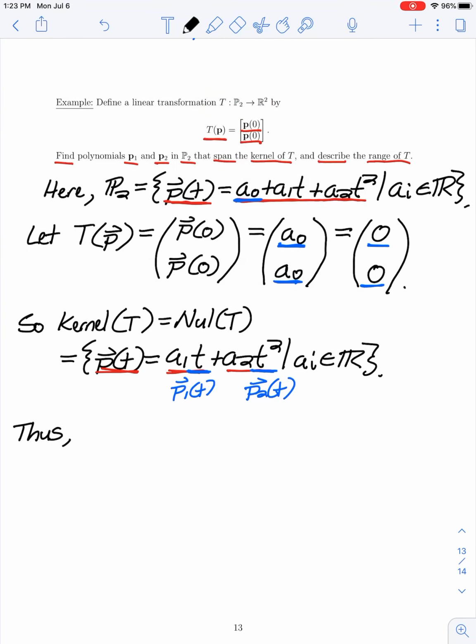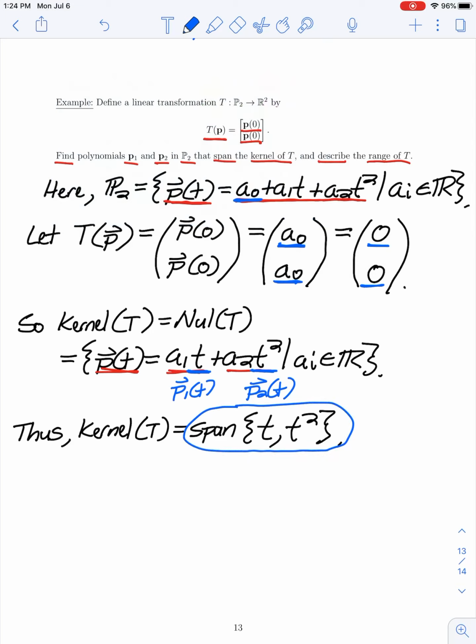So here we can say the kernel of T is the span of the polynomials p1 and p2, which were t and t squared. We saw that every polynomial in that kernel would be a linear combination of t and t squared. So here the p1 and p2 polynomials that we're interested in were these t and t squared values.